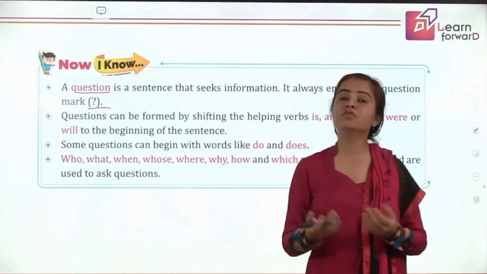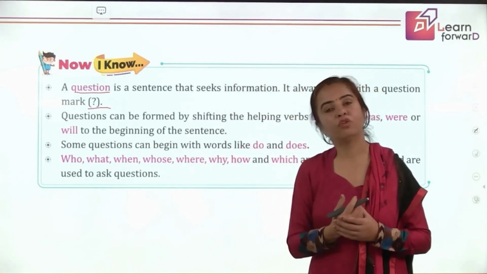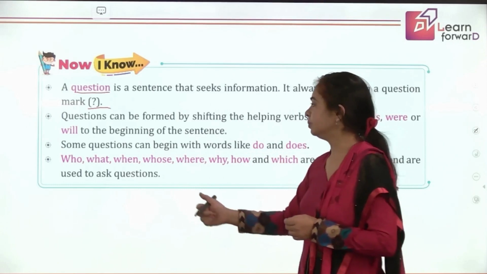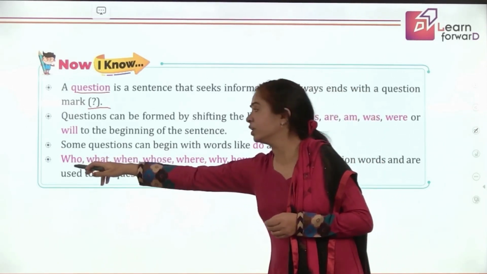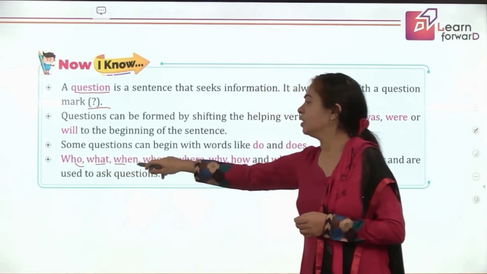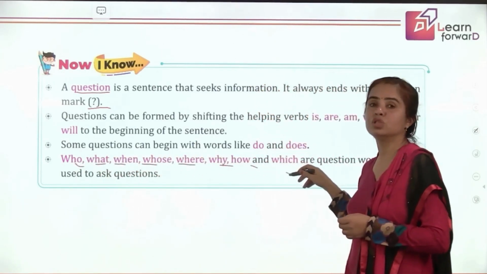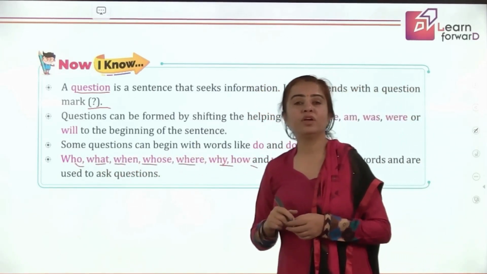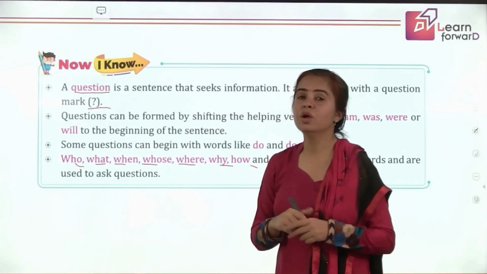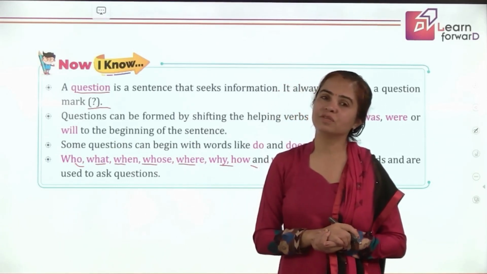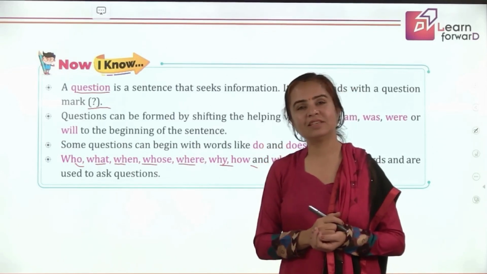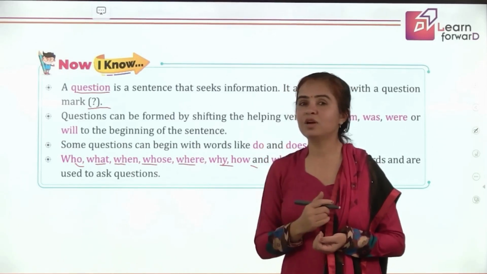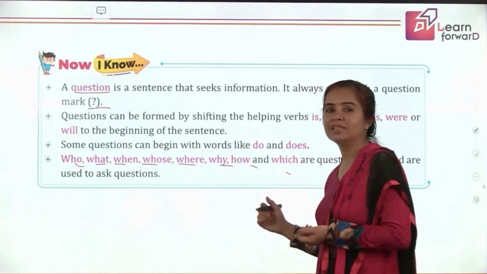That happens when we introduce the helping verb from our side. Remember this. And then we have also learned about the interrogative sentences starting with these different question words: what, when, where, why, who, whose, whom. All these are question words, so they also help us in making interrogative sentences. I hope you have understood how to form the interrogative sentences.